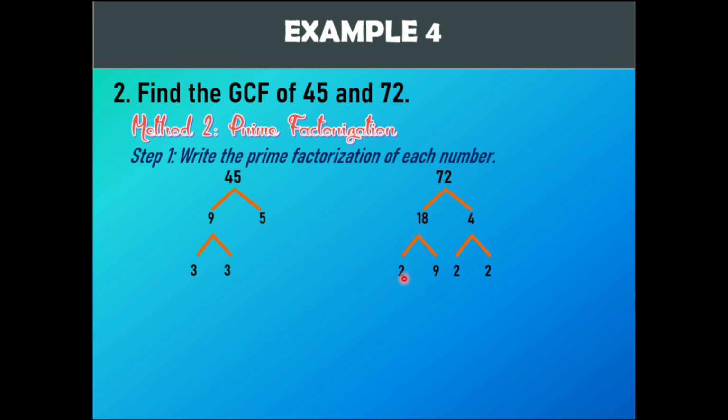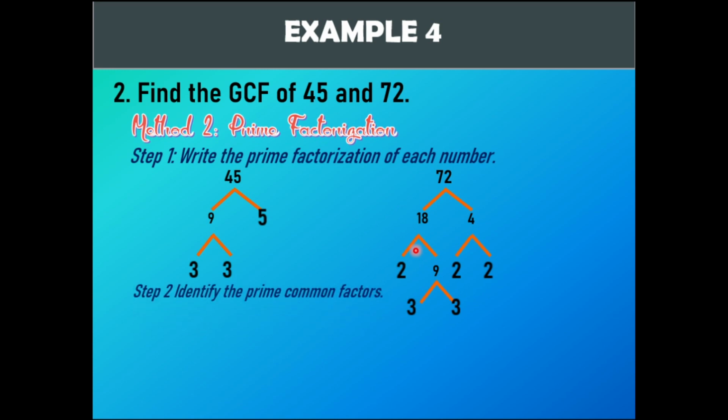For 18, we have 2 times 9. For 4, 2 times 2. 9 is not a prime number, so we can still find the factors of 9. So we have 3 times 3. So these numbers, 3, 3, 5, 2, 3, 3, 2, 2, are the prime factors of 45 and 72.